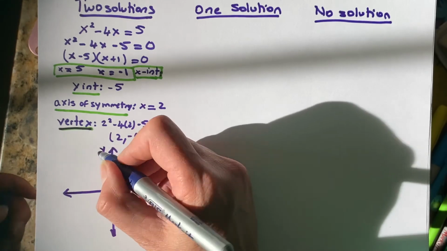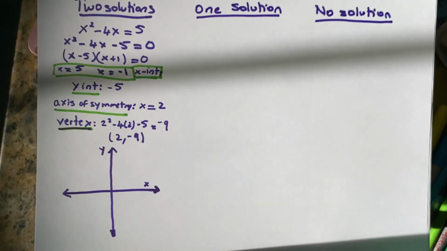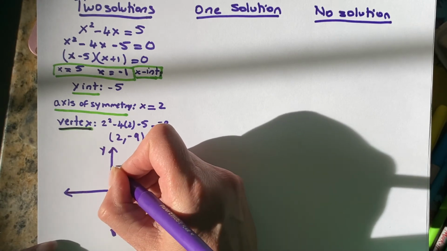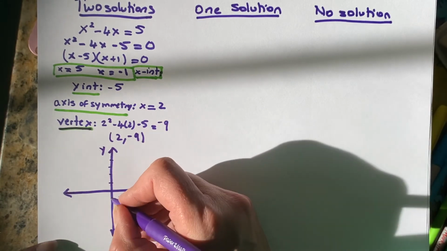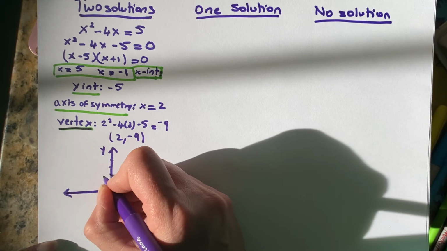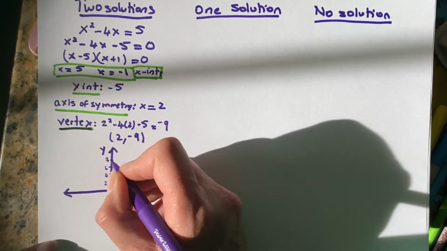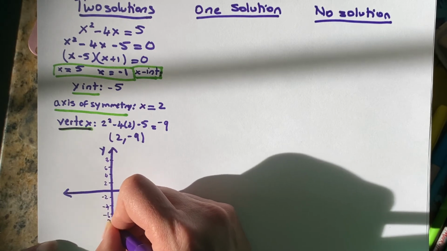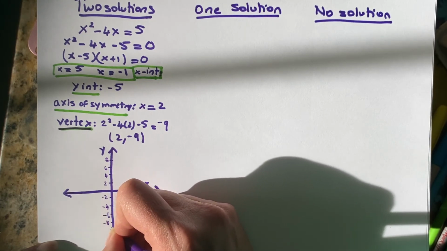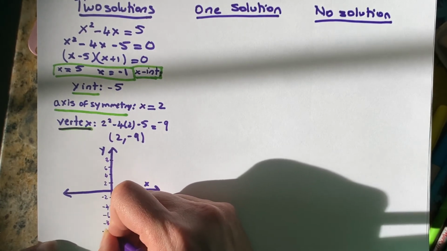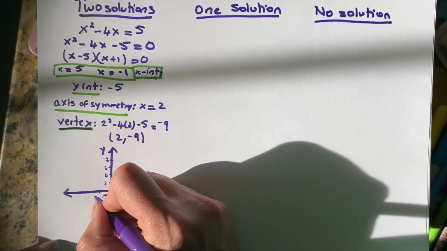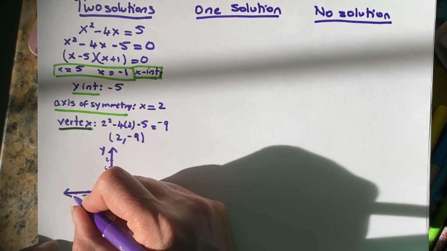X, Y. I'm going to go by twos because otherwise I'm not going to fit this graph. Negative 2, negative 4, negative 6, negative 8, and so negative 9 is going to be right between negative 8 and negative 10. 2, 4, 6, negative 2, negative 4, negative 6.